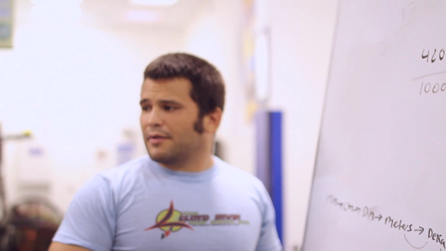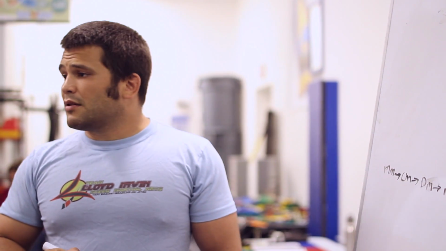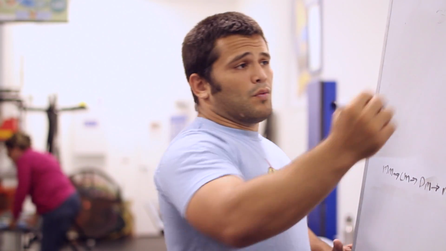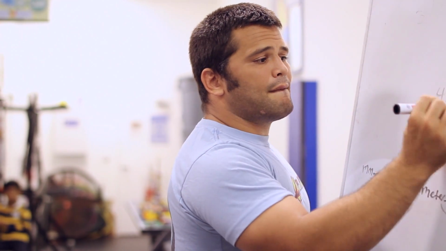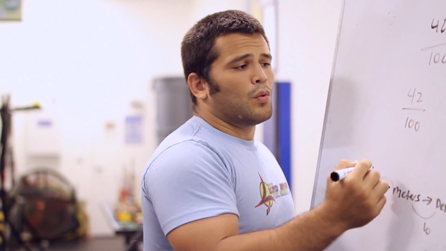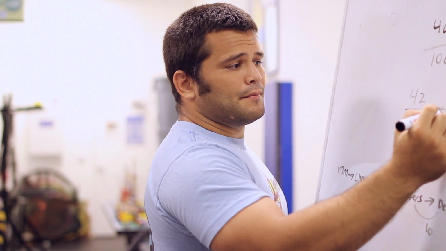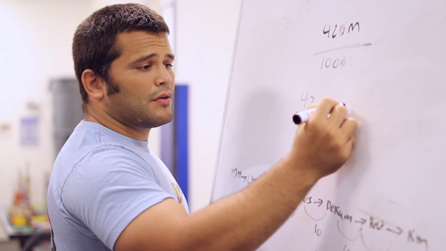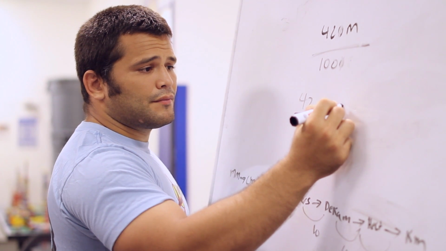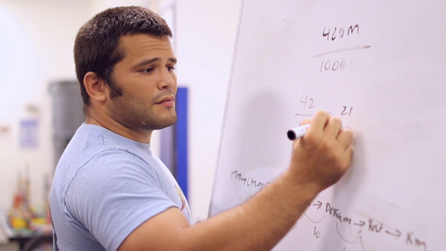How do we simplify that? Divide it. Well, we could take the 0 by 0, we could divide by 10, and now have 42 over what? 100. We could divide this by what? By half, right? And what do we have? 21 over 50.